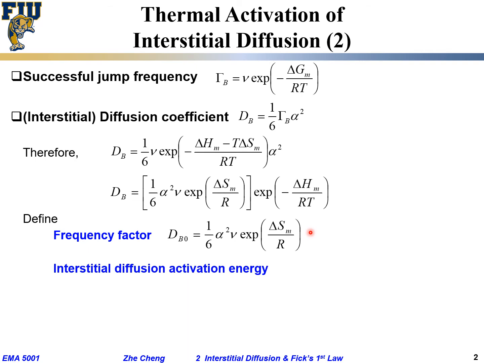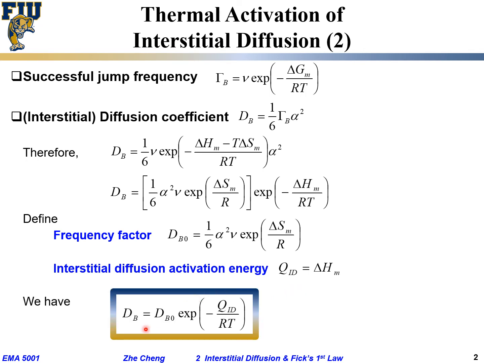This whole thing is pretty much the same for the same solute atom within the same system. And then if we define the so-called real activation energy, the delta H term, the enthalpy term, as Q, that's our activation energy, then we rewrite the diffusion coefficient as D equals D0, the frequency factor, times the exponential of minus Q over RT.